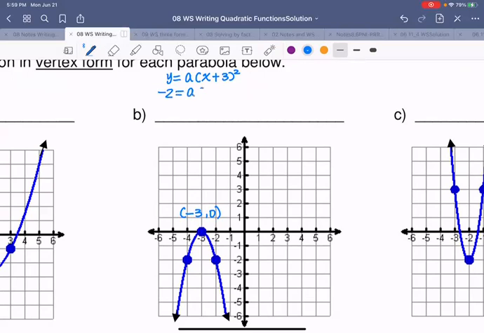Negative 2 equals a times what? 1. Yes, thank you. So a equals negative 2. So y equals -2 times (x plus 3) squared. Okay?